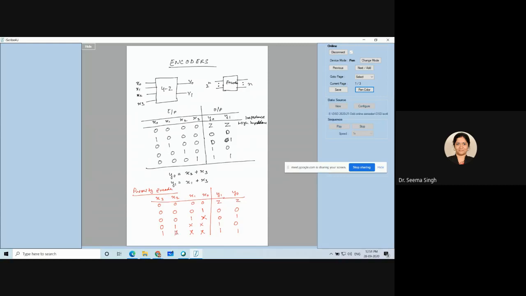Yes, understood, ma'am. If x2 is 1, whether x1, x0 are 0 or not, we will not bother. But if x2 is 1 and the higher MSB is 0, then the output will definitely be 1, 0. But if both x3 and x2 are 1, 1, then the priority will be given to x3 and the output will be 1, 1. This is the logic of priority encoder.